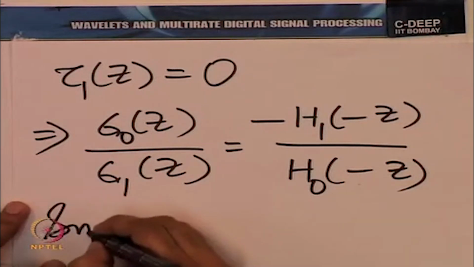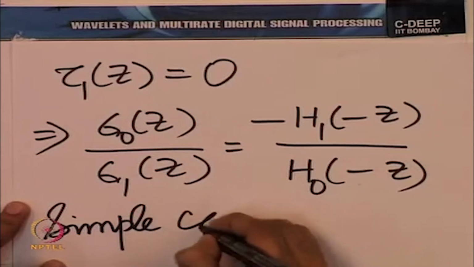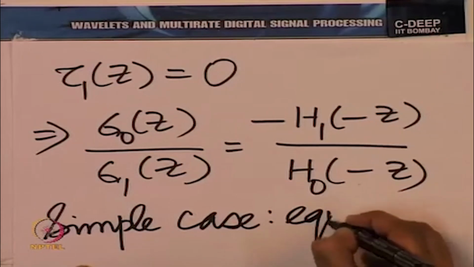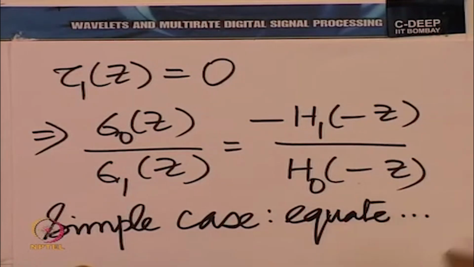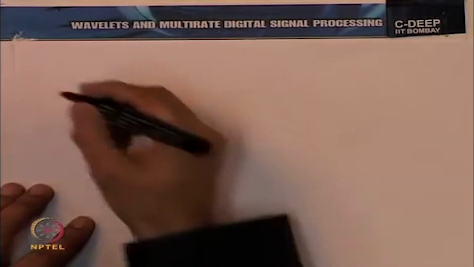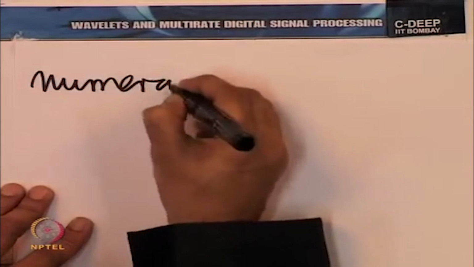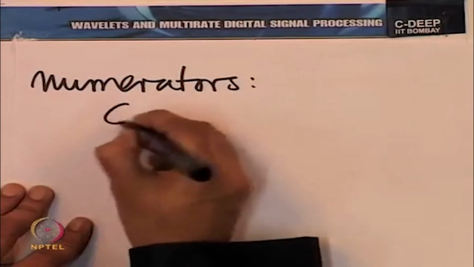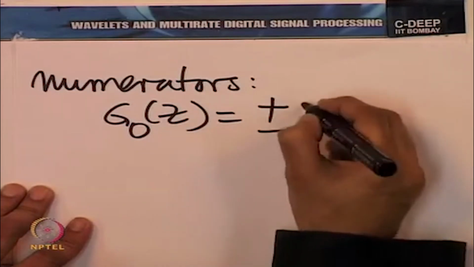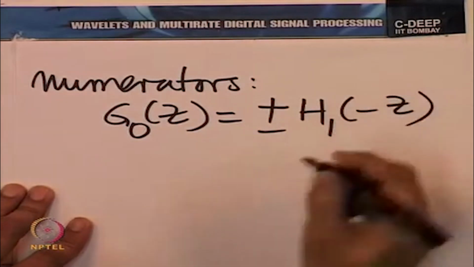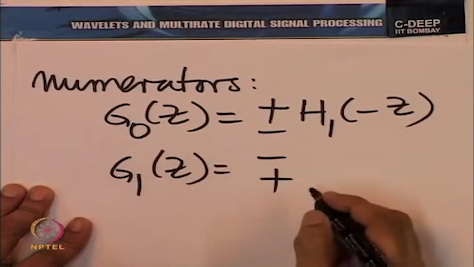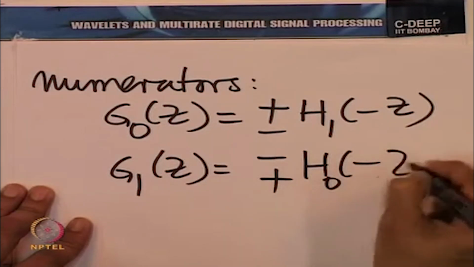And the simple case is to equate the numerator and denominator. So, if you equate the numerator, you get g 0 z is plus minus h 1 minus z and g 1 z is correspondingly minus or respectively plus h 0 minus z.